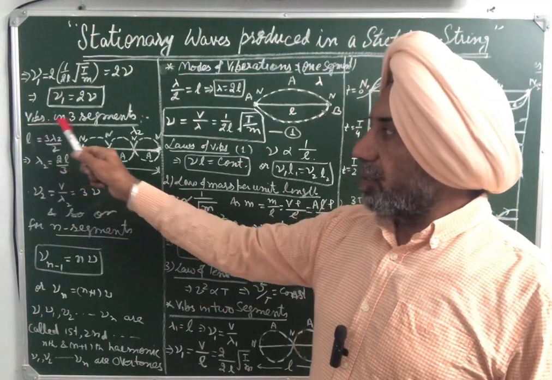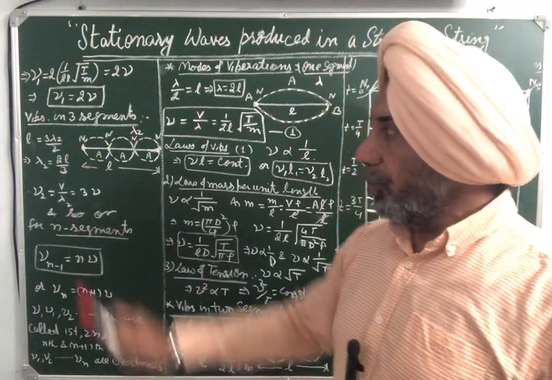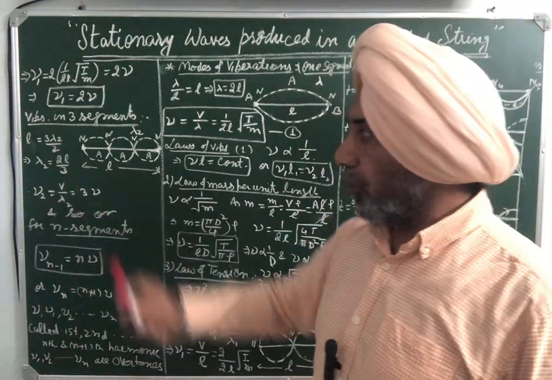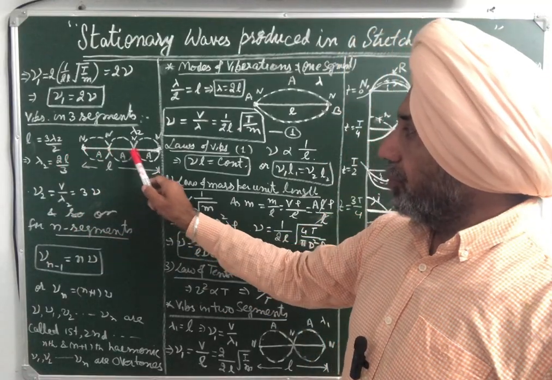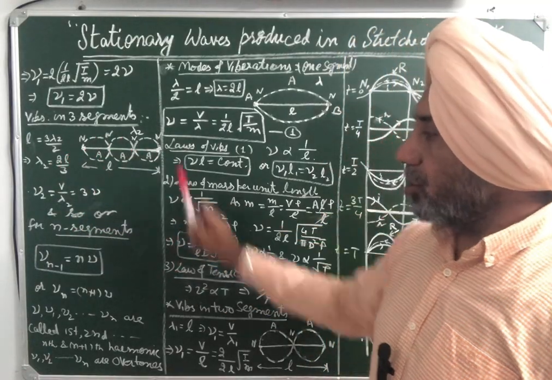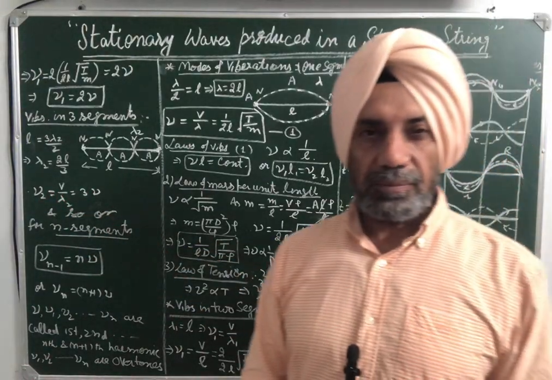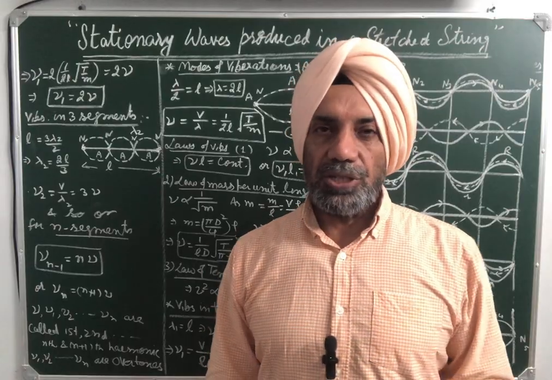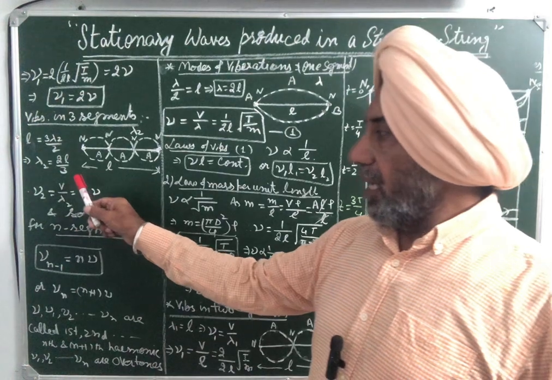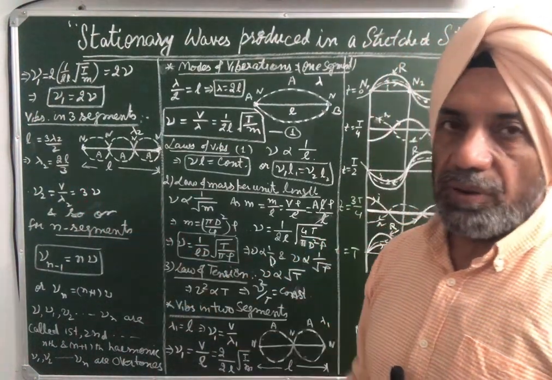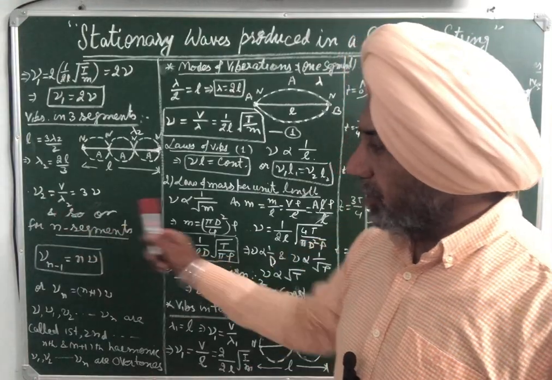Similarly, when the string vibrates in 3 segments, L will be equal to 3 lambda 2 by 2, or lambda 2 is 2L by 3, and we have 4 nodes, 3 antinodes, and again we get nu 2 is equal to 3 times nu. So the frequency of the third harmonic is equal to 3 times the frequency of the first harmonic, and so on.